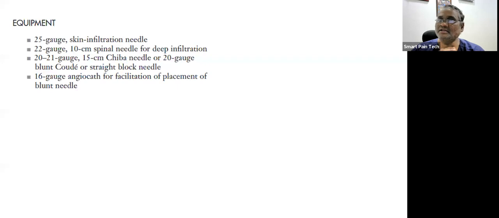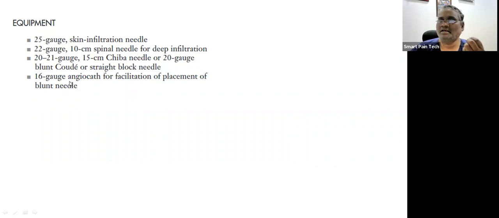We have spinal needles supplied by BD, 15 centimeter to 17 centimeter. They are very good. The Chiba needle is very expensive because it costs in thousands, and I don't think we should pay so much money only for the needle. You get a spinal needle which is 15 to 17 centimeters. That is enough.